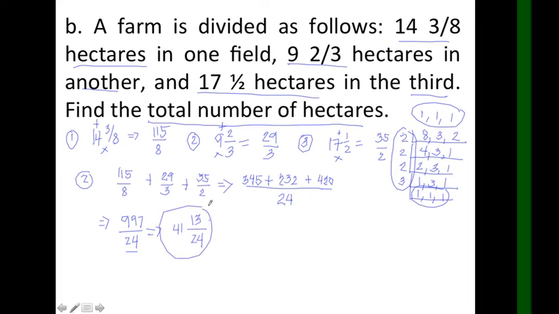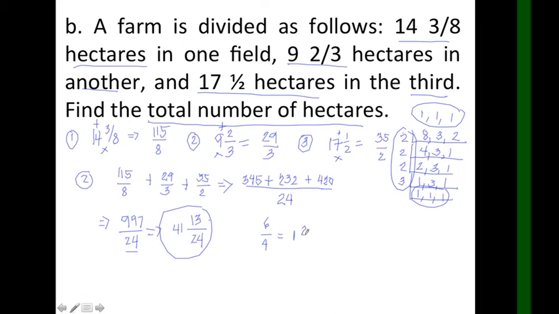Okay, let me give you a small number para mas maintindihan nyo yung pagkuha ng mixed number from improper fraction. So, let's say 6 over 4. Okay, so, sige. 6 over 4. So, ilang 4 meron sa 6? Di ba 1? If I multiply 1 times 4, that's 4, 6 minus 4, and that's 2.